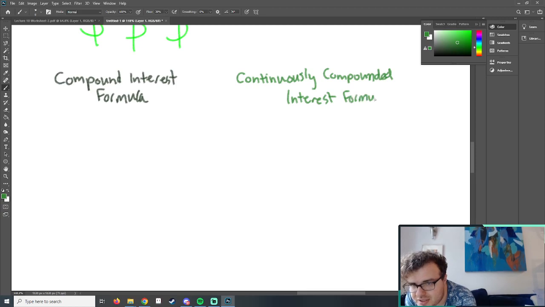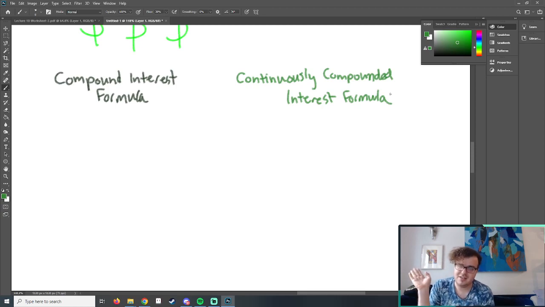Now I'm going to be real with y'all. Part of the reason that we talk about this is capitalism. Part of the reason that we talk about this is that a mathematician discovered a really important number, which we now call E. It's an irrational number. It's approximately 2.71, but just like pi, it has an infinite non-repeating decimal expansion, so we just give it a name so that we don't have to write it exactly.